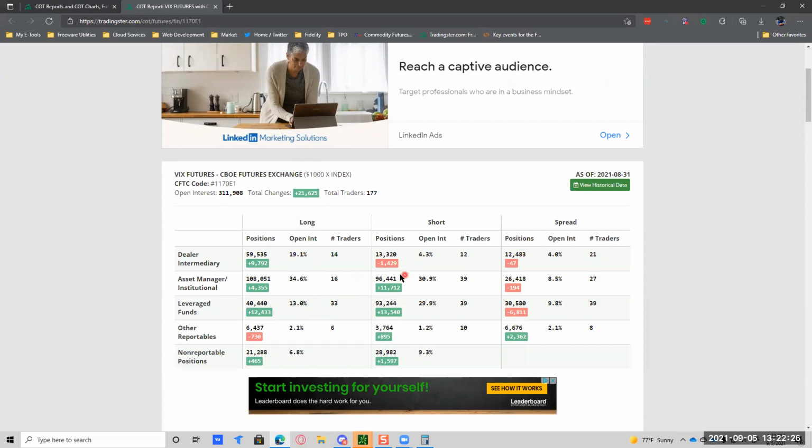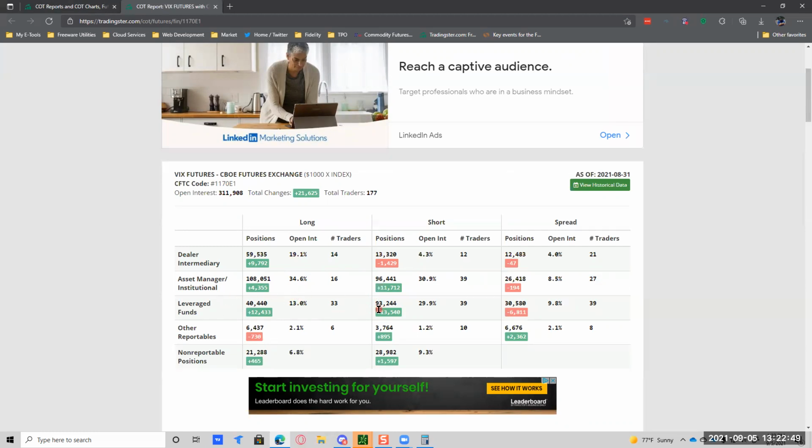And they increased that hedge significantly. So it looks like they're trying to get flat in the VIX, but they did increase the one side here. So they increased their long slightly, but they significantly increased their short.